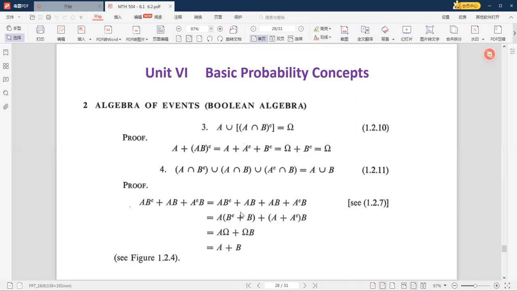And then you get BC plus B, which is omega, and A plus AC, also omega, so we get A omega plus omega B, but anything you intersect with omega is just that thing. So we get A plus B, which is A union B, if you write it back into Boolean algebra, right?